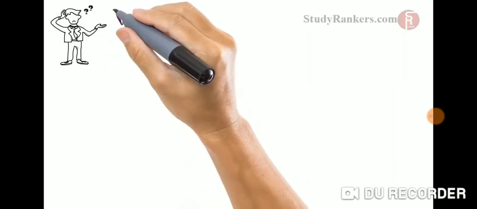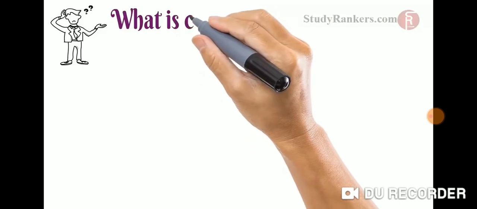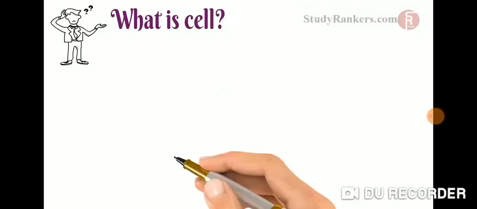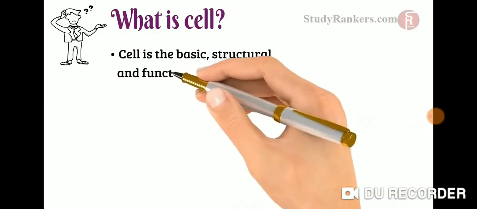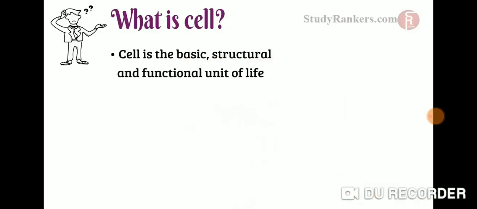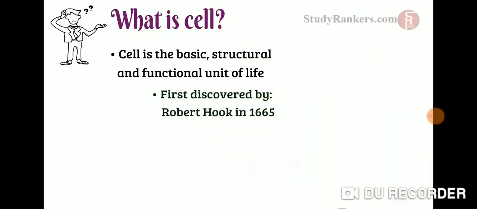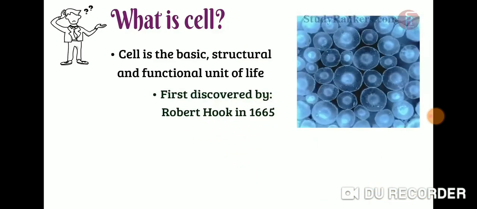The very first thing that comes to our mind before starting the chapter, what is cell? Well, cell is the basic, structural and functional unit of life, discovered by Robert Hooke in 1665.